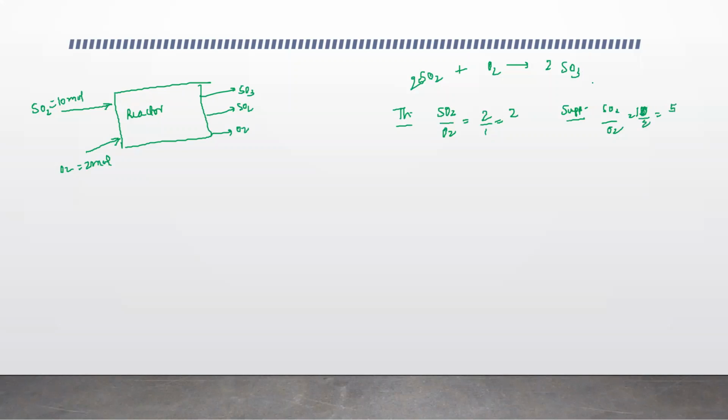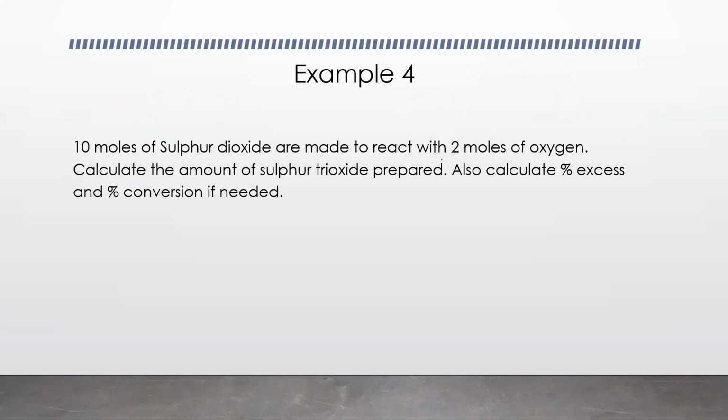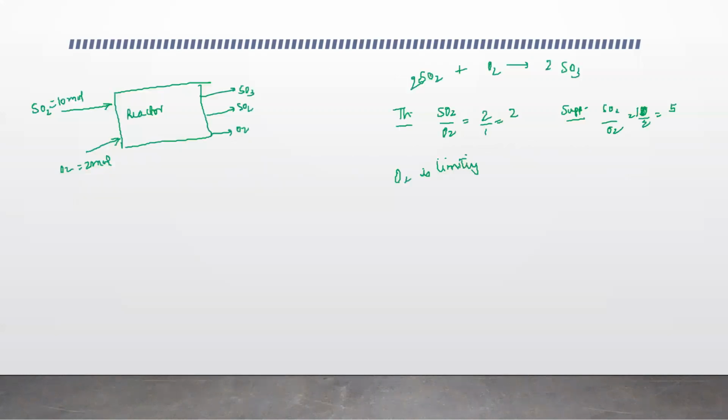So that means that definitely oxygen is limiting. And they have allowed the reaction to proceed. There has nowhere been mentioned that it has been stopped somewhere. So the reaction is completing, and oxygen out is going to be 0.